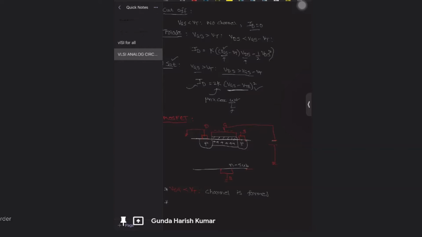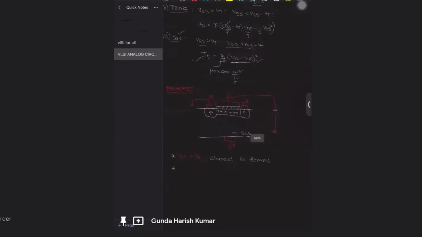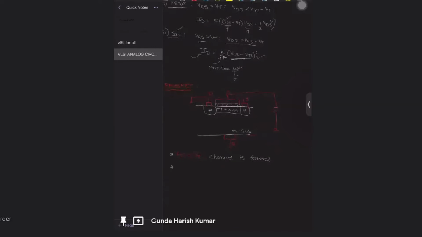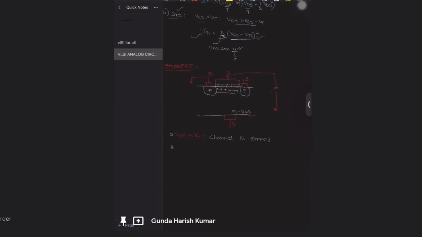If you substitute VDS equal to VGS minus VT in the triode region equation, it is nothing but K by 2 into VGS minus VT whole square. Okay, so it's K by 2. Yeah, you are right. Yeah, that's correct. Thank you.